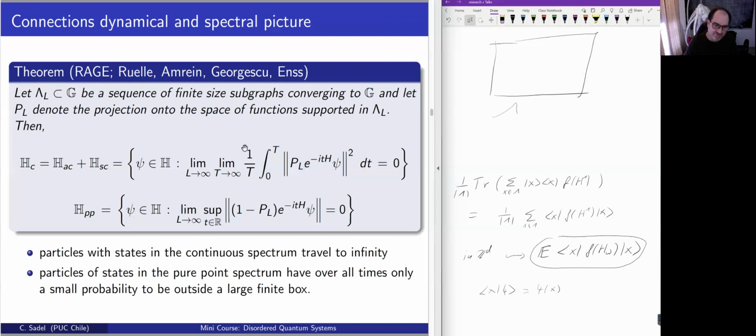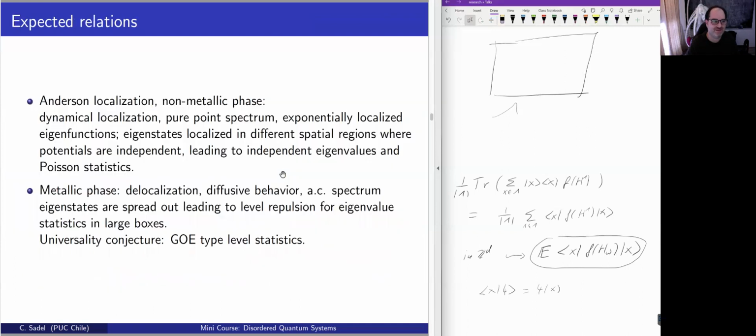But it won't really tell you much about whether you have diffusive or ballistic behavior and things like that. But for these random models, we actually have some very precise expectations. For these random models, one should see maybe non-metallic phases and also metallic phases.